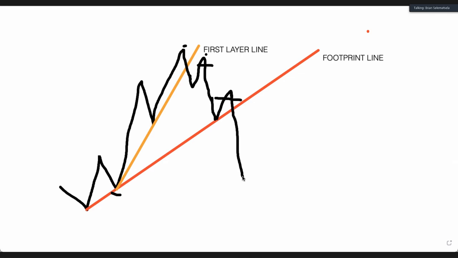So after you're able to find a full structure, draw your lines.